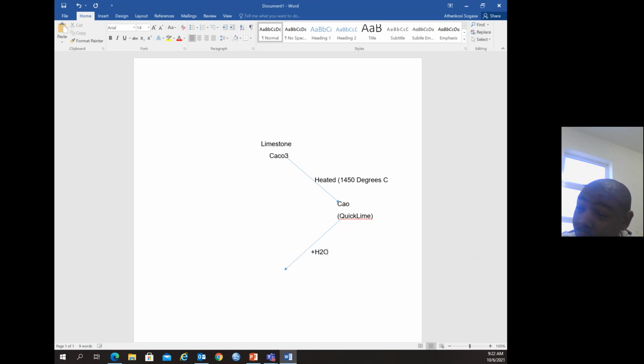Write that H2O in a correct manner. That is water, H2O. Then once you add water, you get a slaked lime.